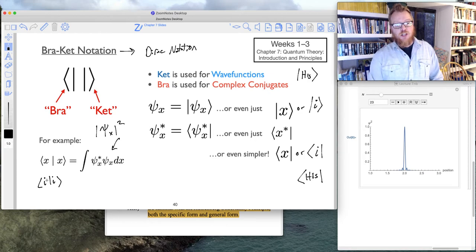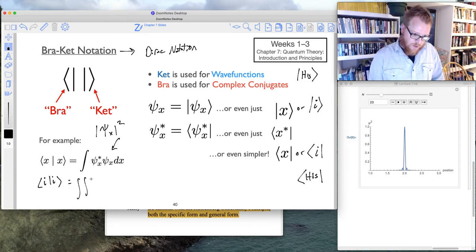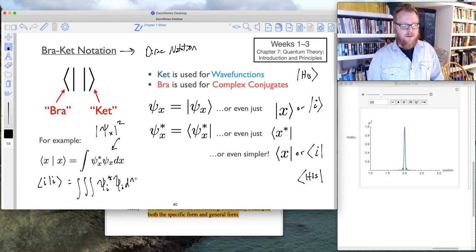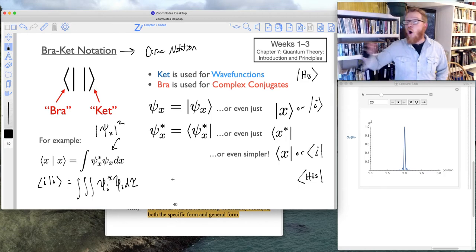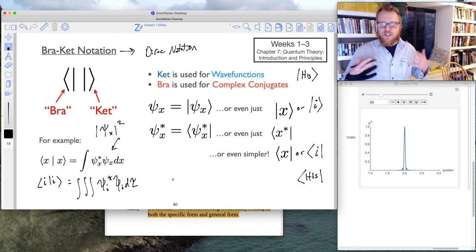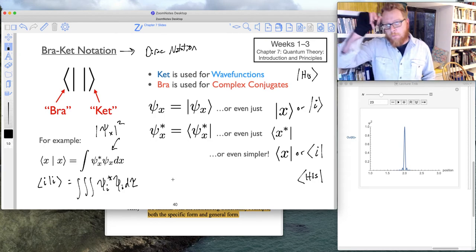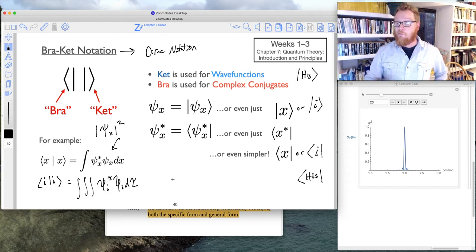Just by writing i in a bra and a ket, this would actually imply the triple integral of psi i star psi i d tau. It would mean all of that. So this is definitely a very convenient shorthand notation, but we have to recognize what it means.